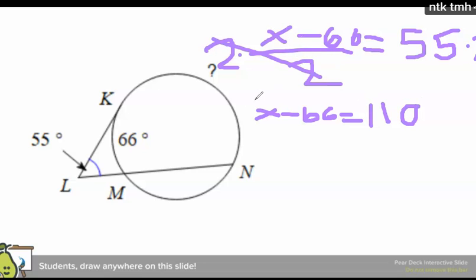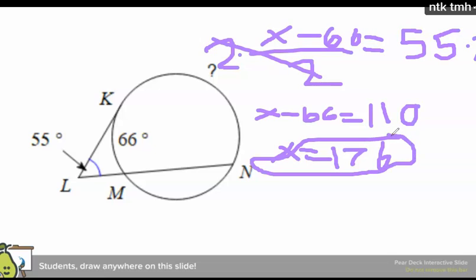If you divide, you're going to end up with 1/2 x minus 33 equals 55, which is fine, but you'll still have a fraction. So I'm going to add 66 on both sides. So x is going to end up equaling 176, and that's how you solve. Oh gosh, 176. That's how you solve for those problems.